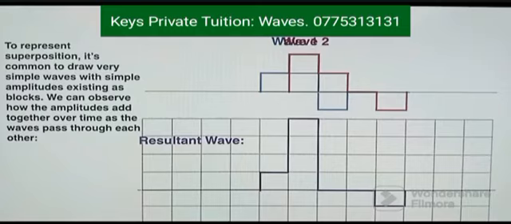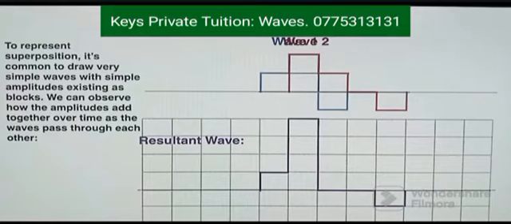But if you check the region immediately to the right of that, on wave 2 there and wave 1, we have an amplitude of +1 with wave 2 and an amplitude of -1 with wave 1, and they cancel each other out. +1 - 1, we get a 0, and that's showing on the resultant wave there.